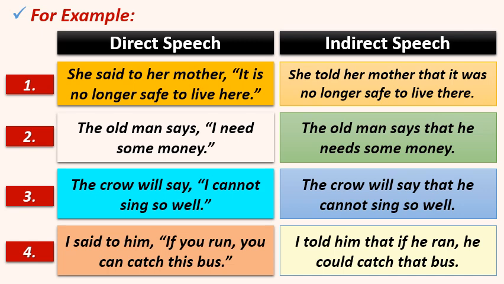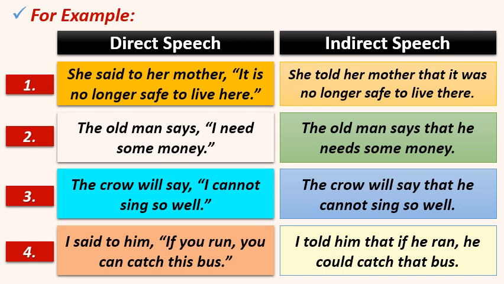So dear students, what are the changes that you can identify in these sentences? Number 1 is change of reported verb as per rule. Number 2, change of tense. Number 3, change of pronoun. Number 4, removal of inverted commas.